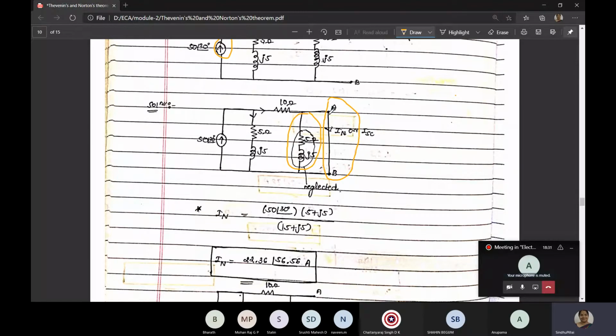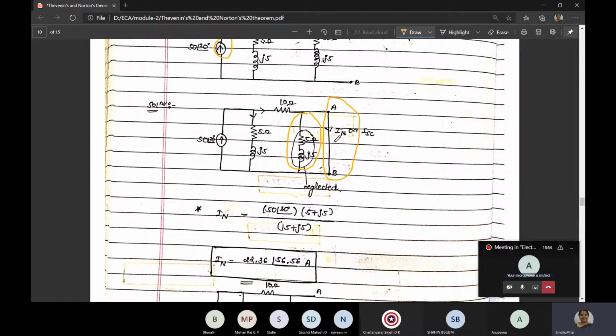The short circuit. So all the current will move in the AB path, and no current will pass through 5 plus J5. So this branch is completely neglected, there will be no voltage drop there, and all the current will pass through the short circuit path because it has zero resistance.